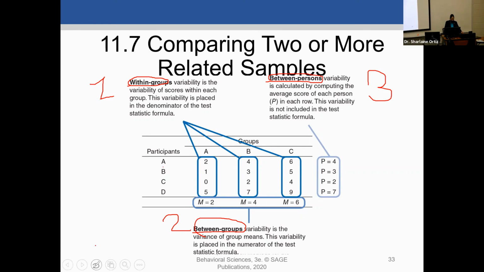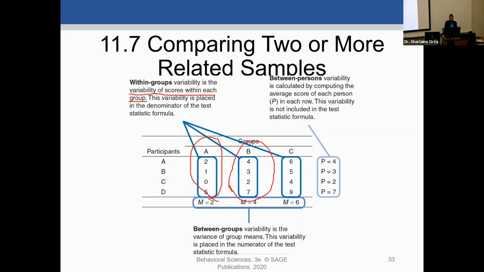If we continue with our illustration, we have the within groups, which is simply the variability of scores in these groups. So we have group A, group B, and group C. That is my variability within the groups.